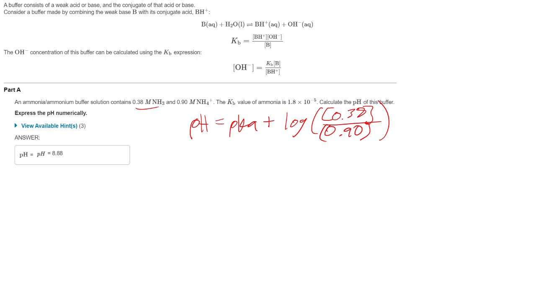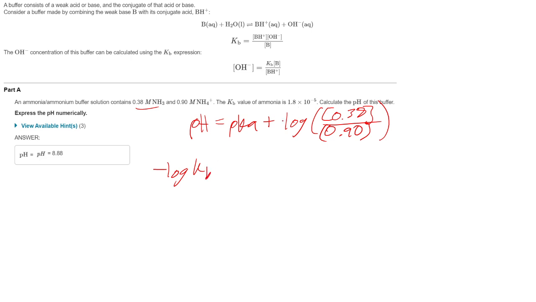Okay, so you need the pKa though, right? But wait, we have a Kb, don't we? So even if we took the p of that, the negative log of that, we wouldn't get the pKa, would we? We'd get the pKb. So let's go ahead and take the negative log of Kb, which is our value up here.